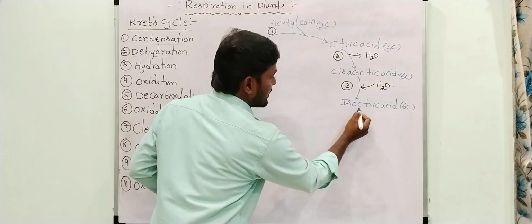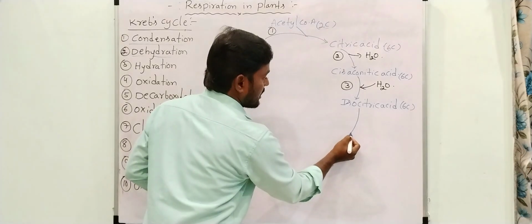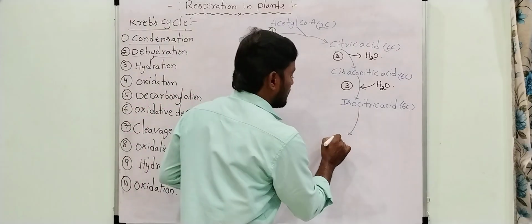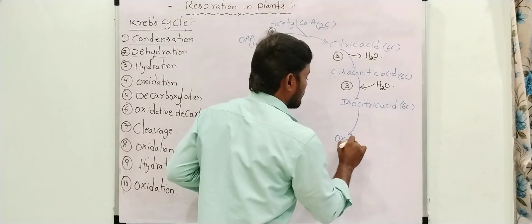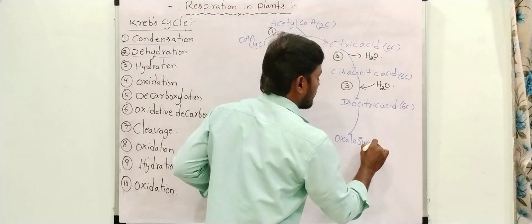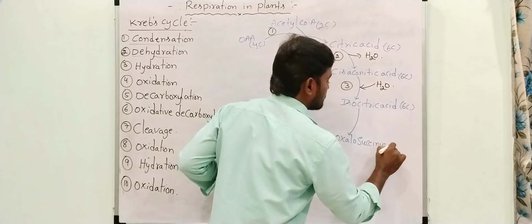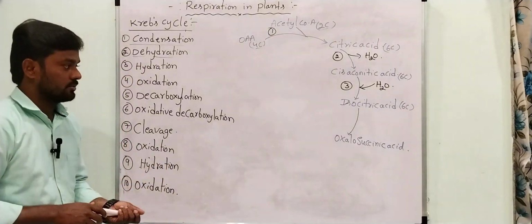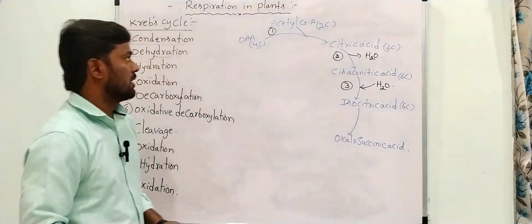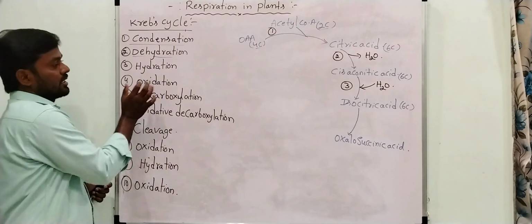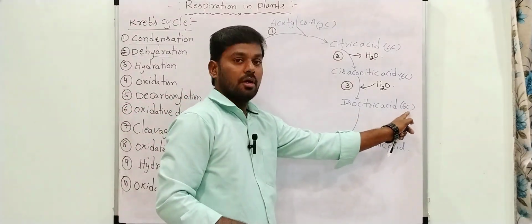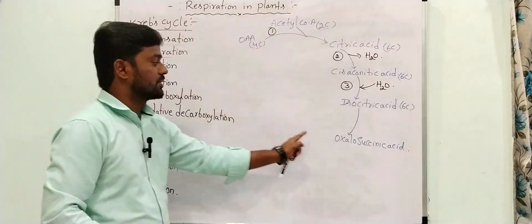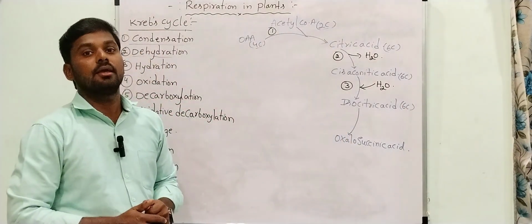Next, isocitric acid undergoes the fourth reaction. What is the fourth reaction? That is oxidation, to form oxalosuccinic acid. Oxidation means the 6 carbon compound isocitric acid undergoes the oxidation reaction to form oxalosuccinic acid.